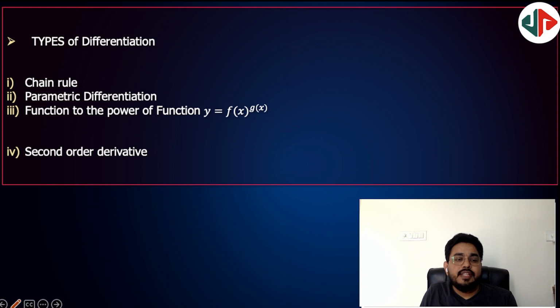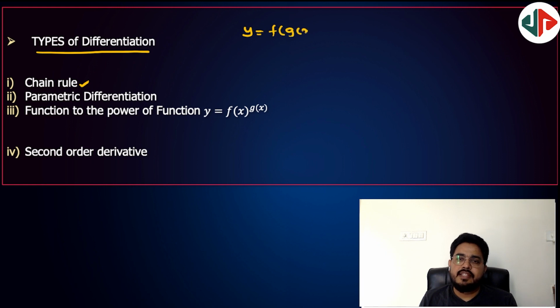Basically, what are the things we need to look at when you are doing the derivative? First one is the chain rule. So if y is equal to f of g of x, then dy by dx will be equal to f dash of g of x into g dash of x.